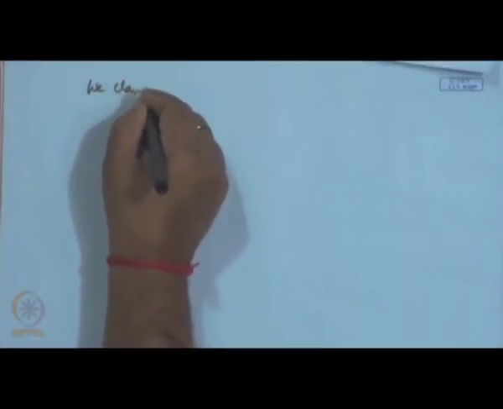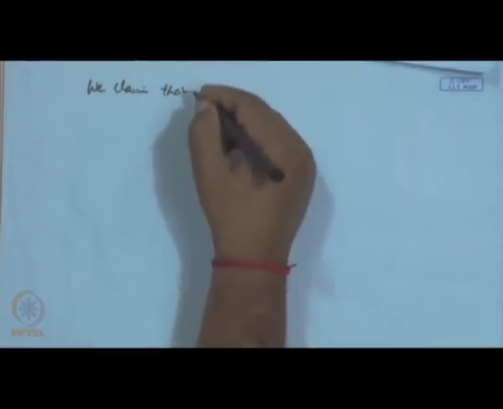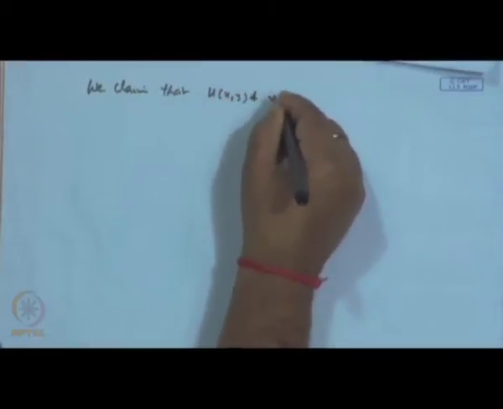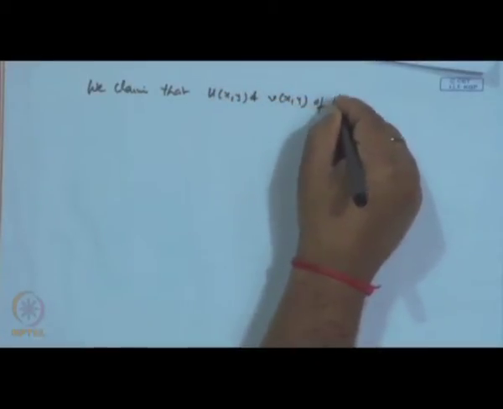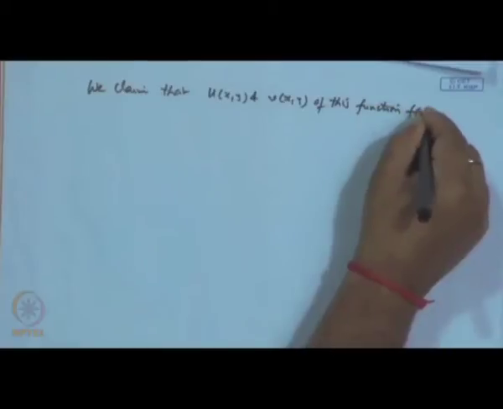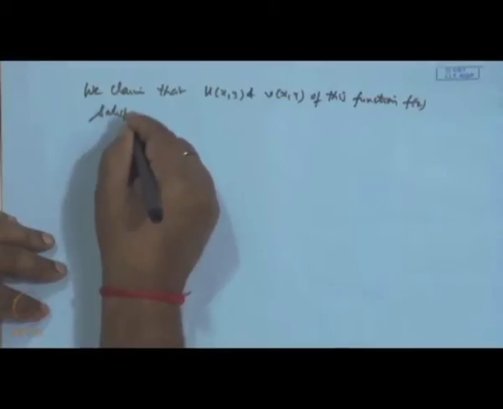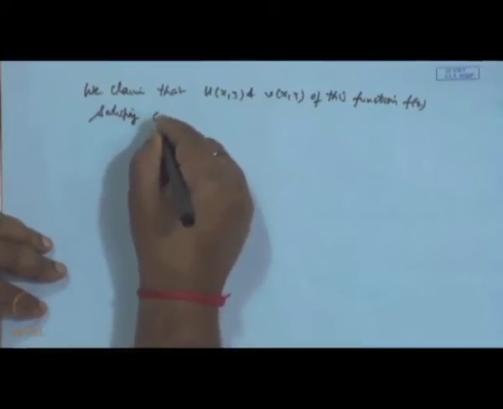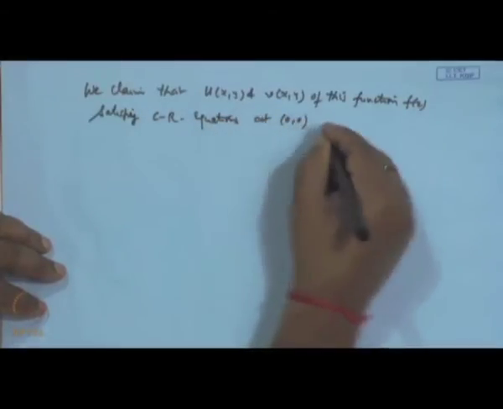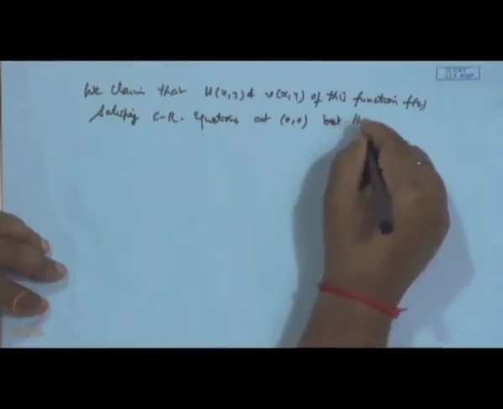So, we claim that the real and imaginary parts u and v of this function f(z) satisfy the CR equations at the point (0, 0), but the function f(z) is not differentiable there.